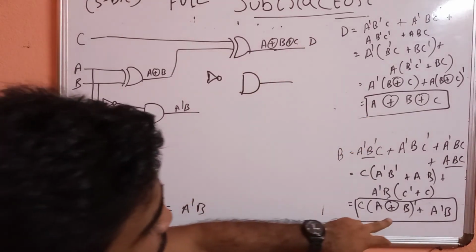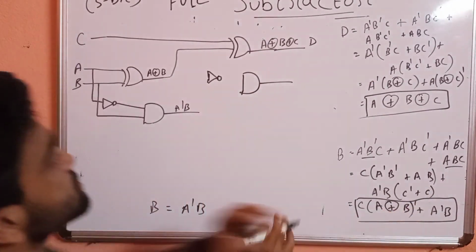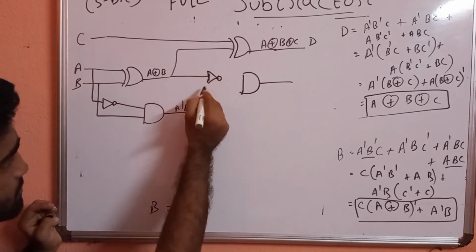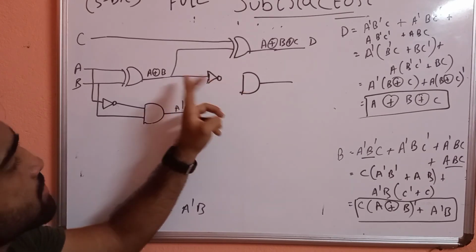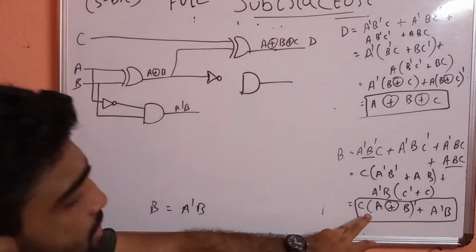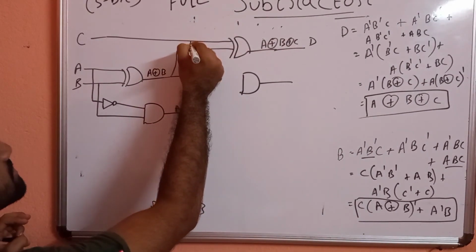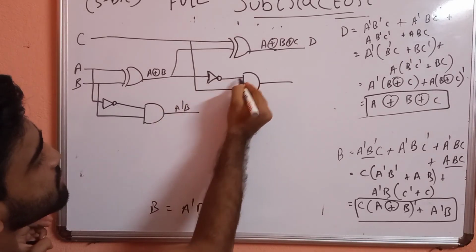Now see over here, we need the negation of A XOR B. That means we have to do the negation of this using a NOT gate. And with C, you have to do AND with C. So you will use this AND gate over here.